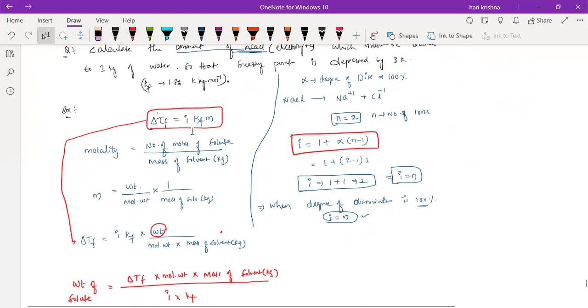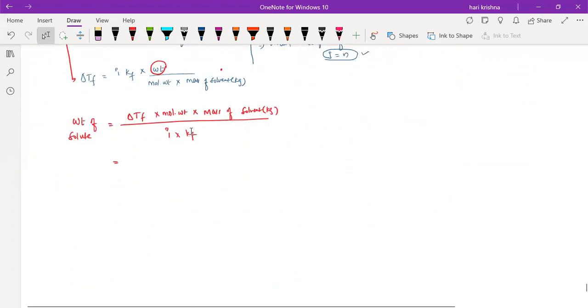So we know the Kf value, the delta Tf value is 3 K. So 3 into molecular weight. Molecular weight of what? NaCl. What is the molecular weight of NaCl?